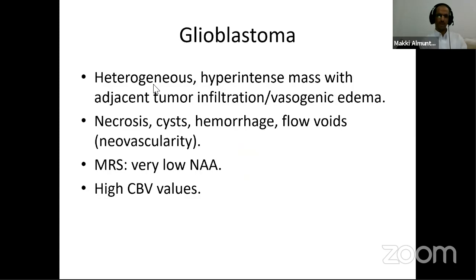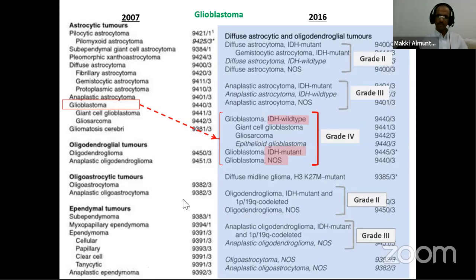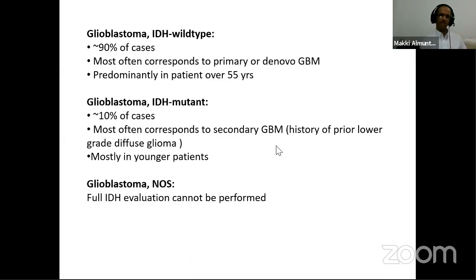So glioblastoma, as I mentioned, has hemorrhages, necrosis, and vascularity. And it shows very low MAA and high CBV values. Here is the glioblastoma IDH wild type, which has poor prognosis, and mutant, better prognosis. And if we look at the prevalence of GBM, the IDH wild type, unfortunately, is the most common.